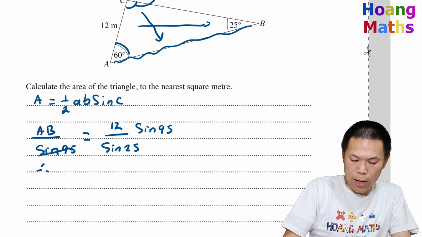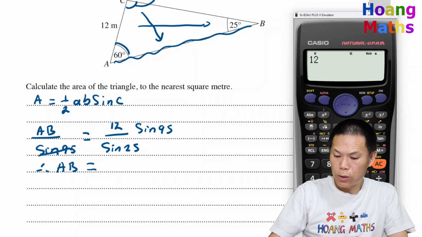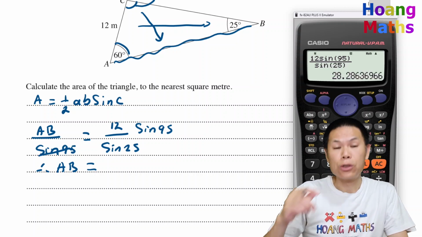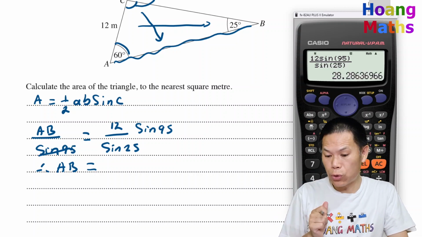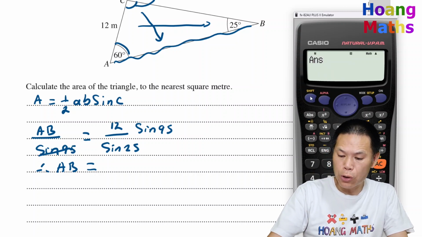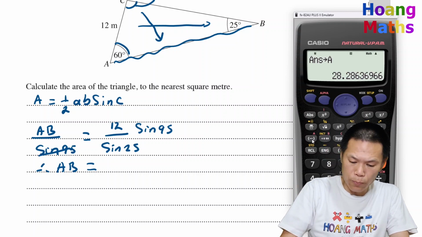Therefore, AB is 12 sine of 95 over sine of 25. So there you go, 28.286 and so on. Let me just store this into memory A because I'm going to use this later. So 28.29 will do.